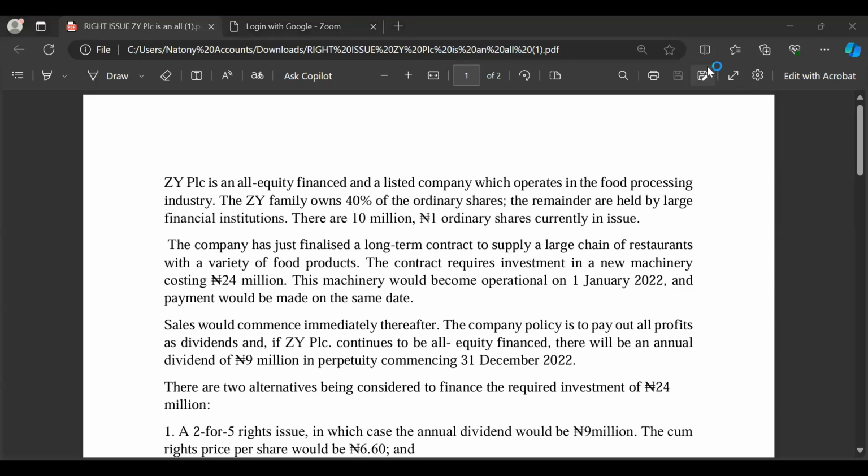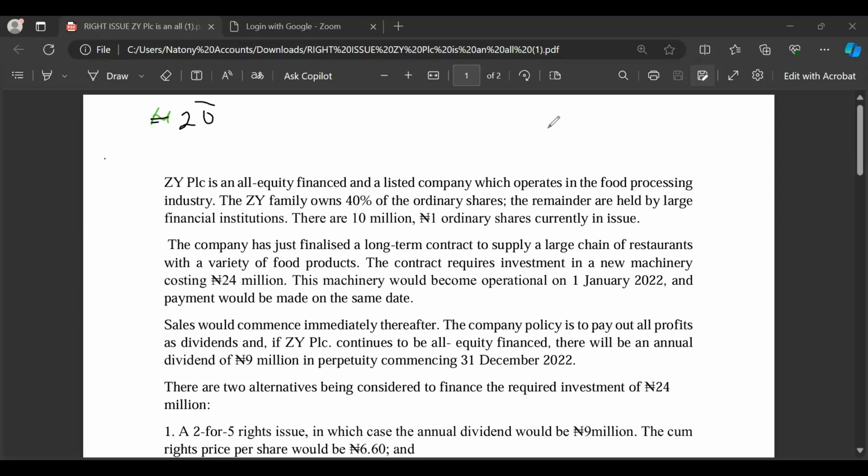So right issue basically has to do with issuing of shares to existing shareholders on a pro rata basis below the market price of the share. So in your examination, your examiner will decide to give you, let's assume that the current share price is 20 naira.